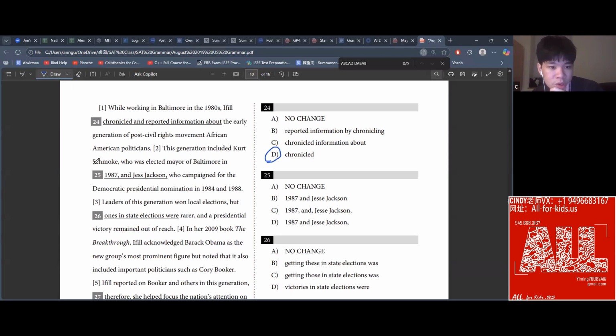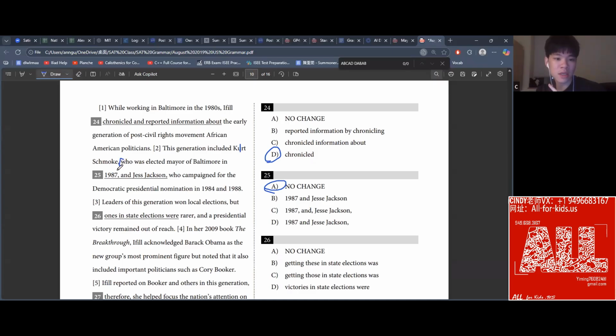This generation included this guy, who was elected the mayor of Baltimore, and this guy. So this generation included one and two, with basically a description of them afterwards, right? So the idea is we look at this, we start here, we want a comma here, and we want a comma here. So the answer is just A, right? And the reason why is because we can remove the modifier.